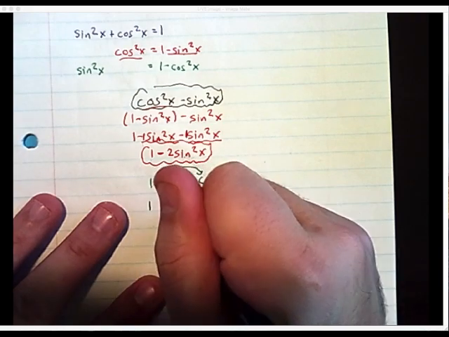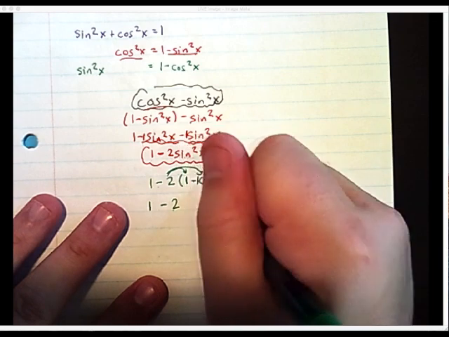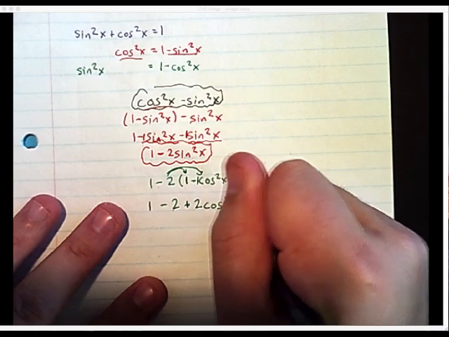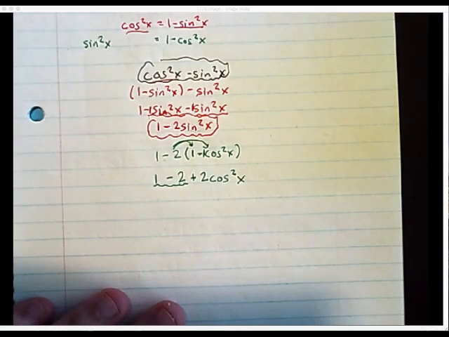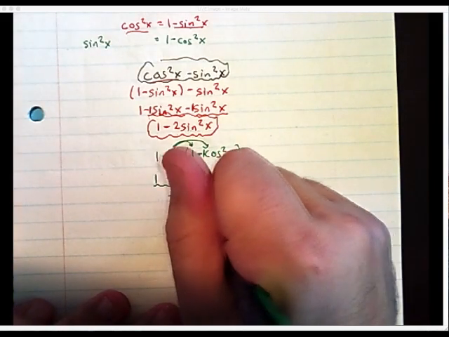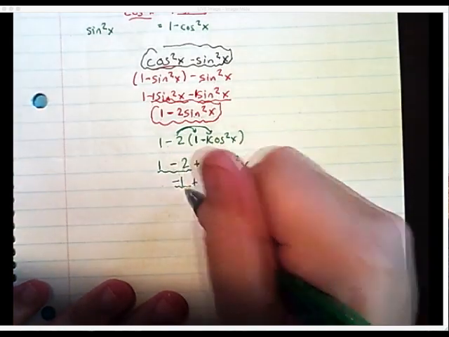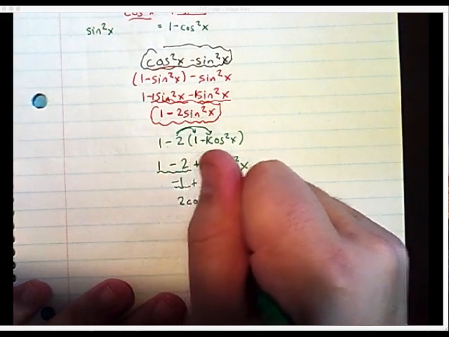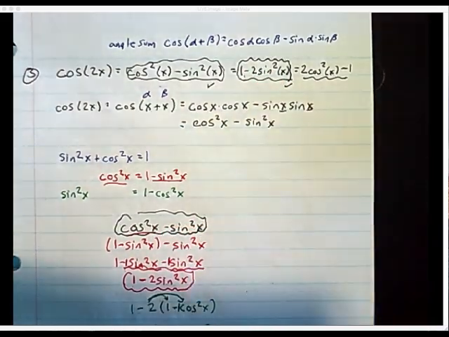So we would get negative 2 times 1 is negative 2, and negative 2 times negative 1 cosine squared would be plus 2 cosine squared of x. If you combine these constants, 1 minus 2 is negative 1. And since we're adding these things together, addition is commutative, we can put the 2 cosine squared term first. So what I've done there is I've shown that this thing is now equal to this thing.